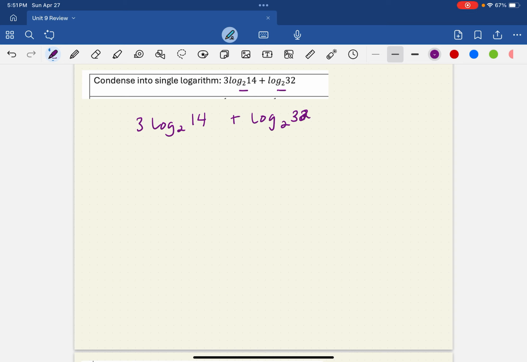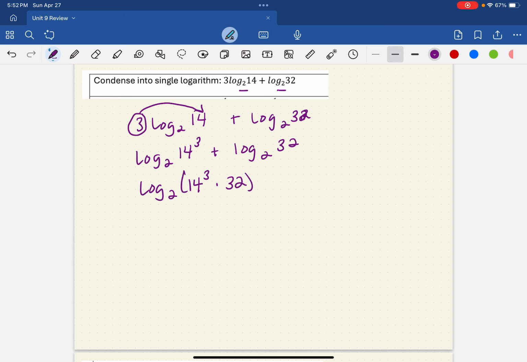Okay, so remember, first thing we are going to look at is our power property rule, which tells me to raise any number that's on the outside up. So we're going to do log 2, 14 to the power of 3, plus log 2, 32. Next is product property. So log 2, 14 to the power of 3 times 32. We just condense them further.